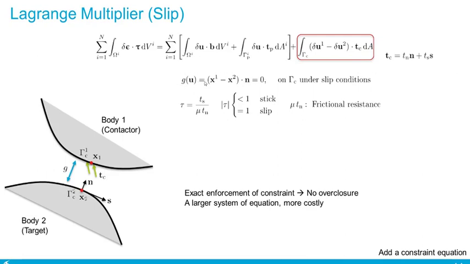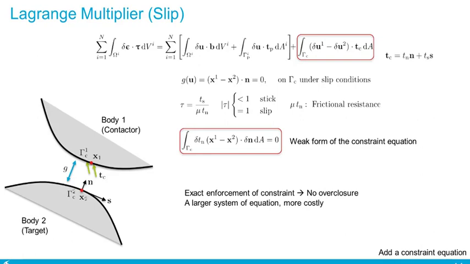So now it only enforces the normal direction to be 0 when there is a contact on gamma c. And the weak form of it is that this equation needs to be satisfied when it multiplies with arbitrary variation of the normal traction integrated on gamma c equals 0.